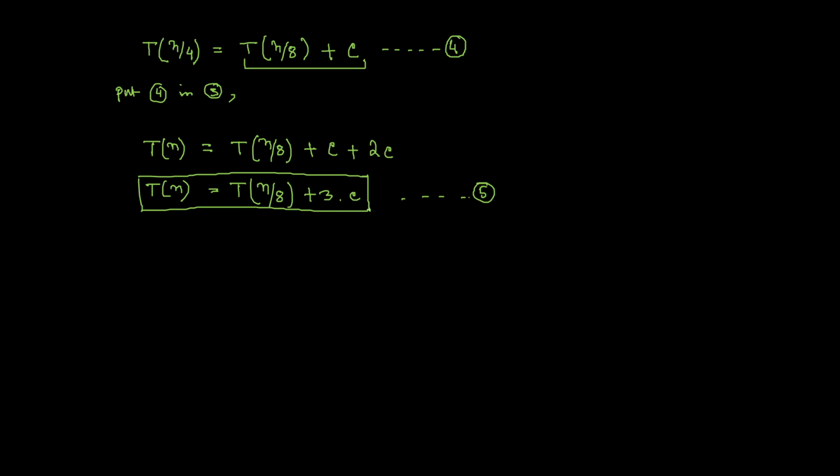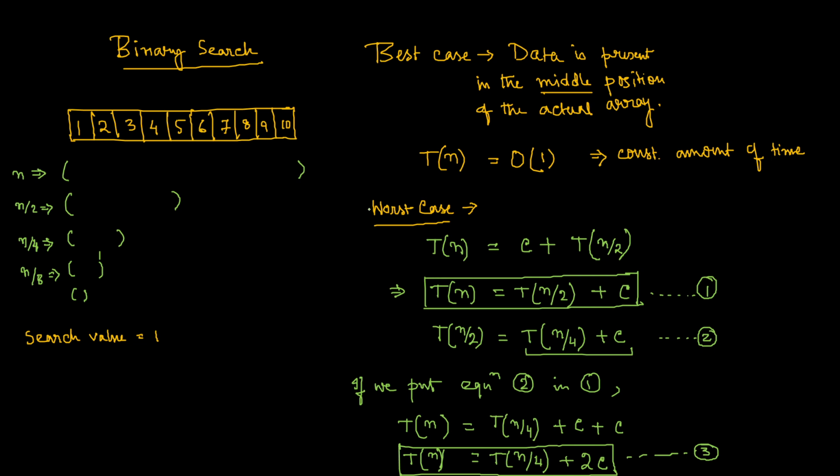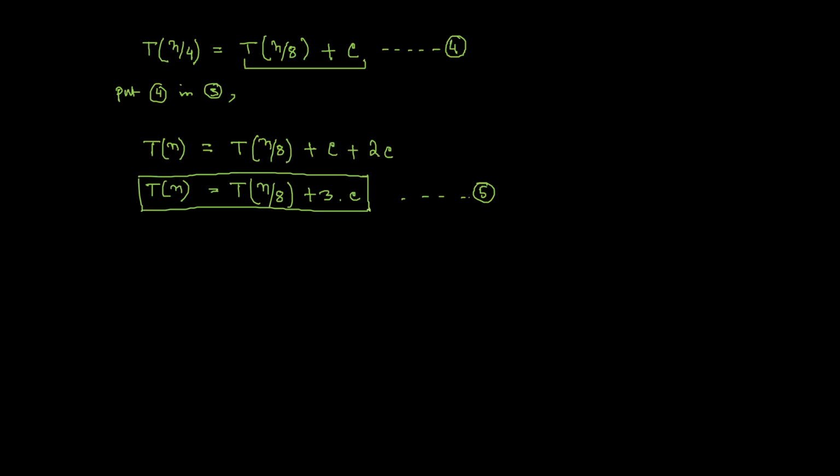So now you see, if you closely watch this different variation of T of n: T of n equal to T of n by 2 plus c, then it becomes T of n by 4 plus 2c, then T of n by 8 plus 3c. I hope you can predict what the next one will be.